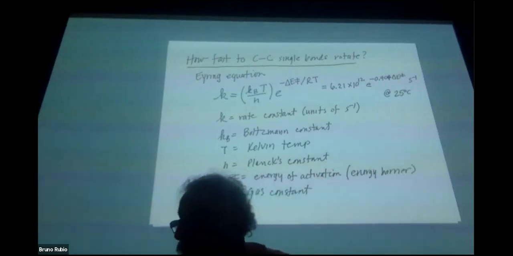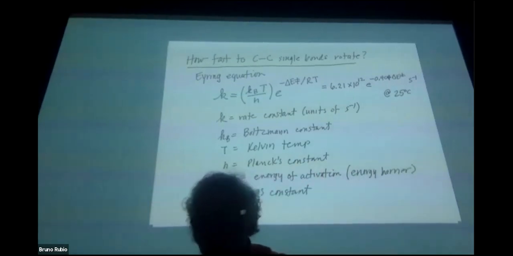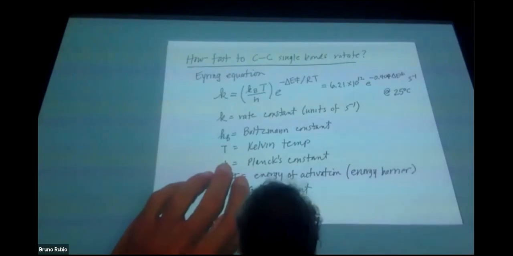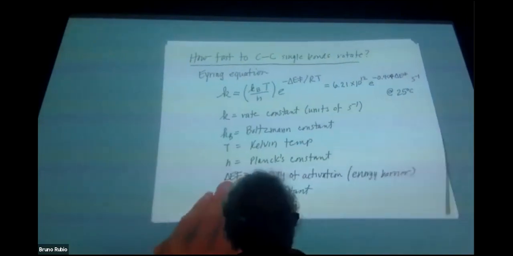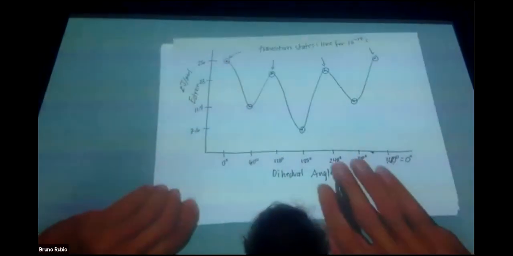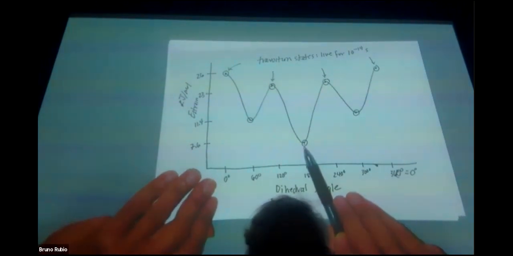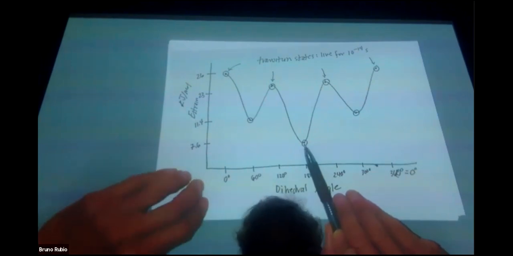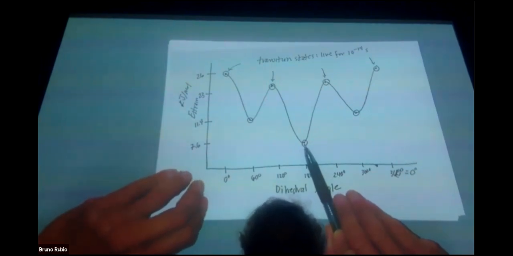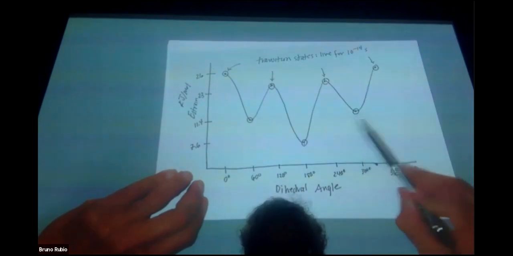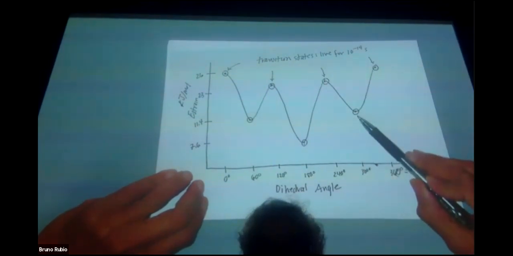Now we're ready to implement this Eyring equation and calculate the rate constant for these conformational changes. Going back to my little diagram, I want to calculate how fast it goes from the 180 conformation to the 300 conformation.